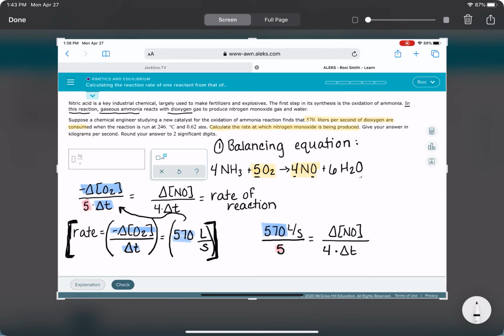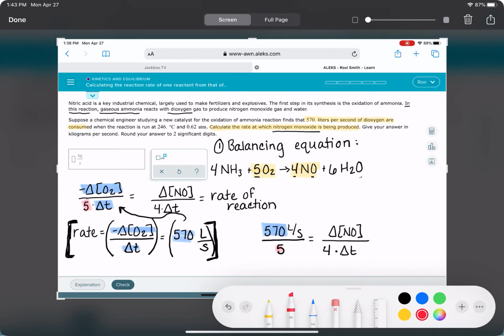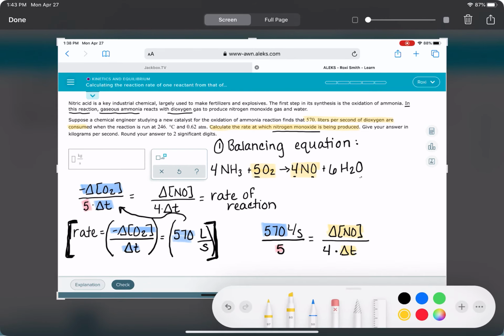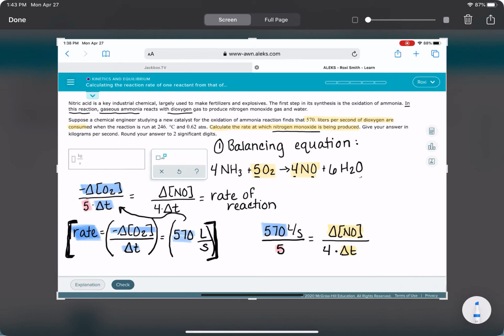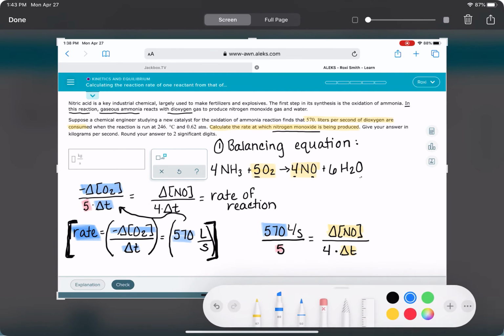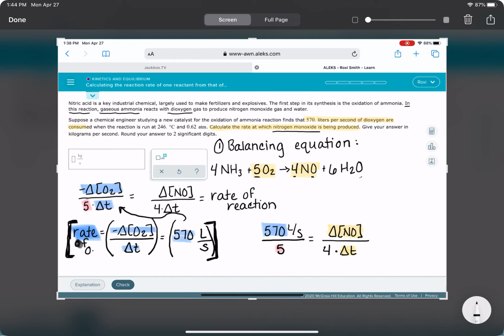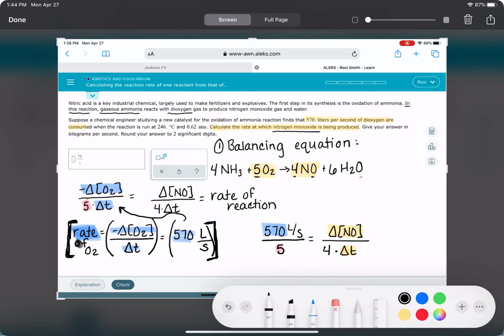What are we trying to figure out? We're trying to figure out the rate of nitrogen monoxide. So the rate of nitrogen monoxide is this portion right here. Just like over here on this equation, the rate of O2, maybe it'd be helpful if I wrote that. The rate of O2 is just delta O2 over delta T. The rate of NO is just delta NO over delta T. So what we need to do is solve back over to here.